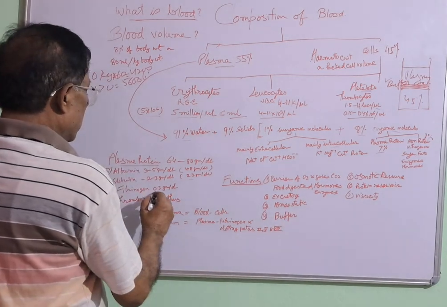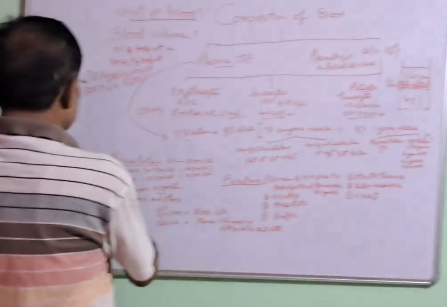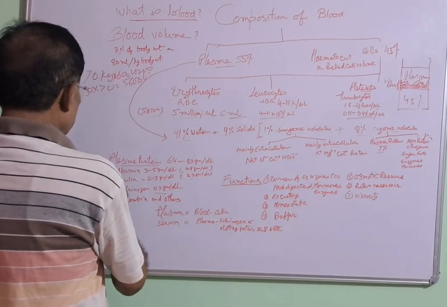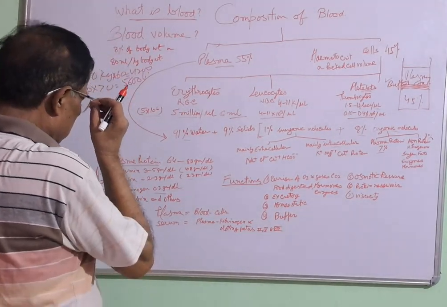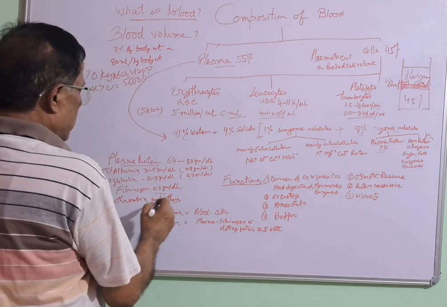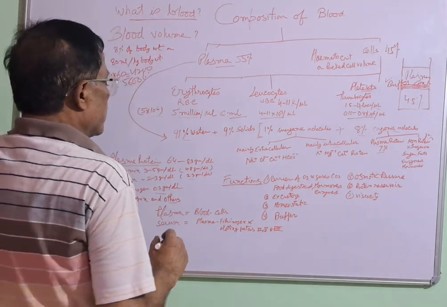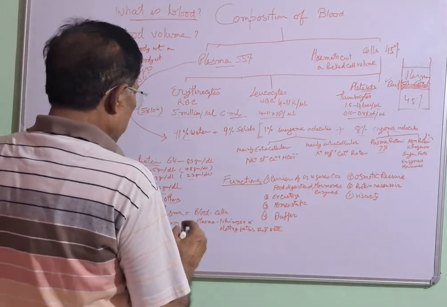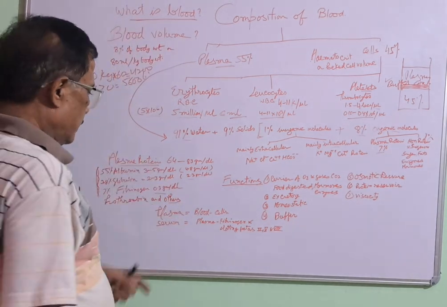And fibrinogen is 0.3 gram per deciliter. These are the main plasma proteins. In addition to that, there are prothrombin and other proteins in very small amounts. Okay, we will deal with plasma protein in the next video.